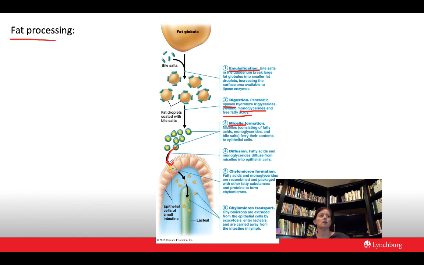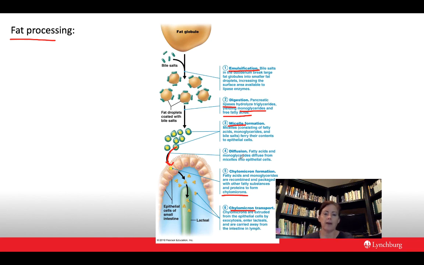Now, what's interesting is that the micelles end up combining with other fatty substances and even proteins that are in that area to form what are called chylomicrons. Now, what happens with the chylomicrons is that they are actually too big to diffuse into blood vessels.